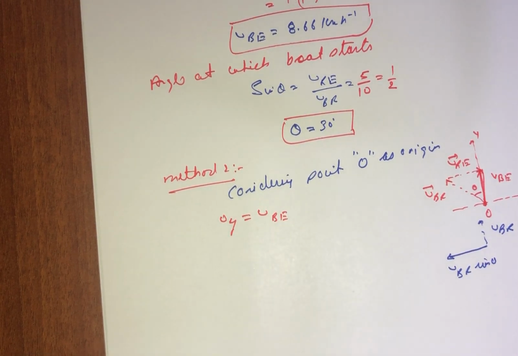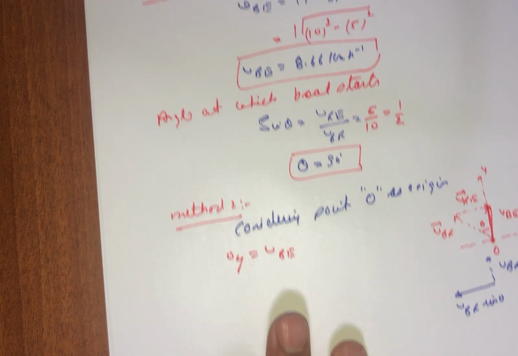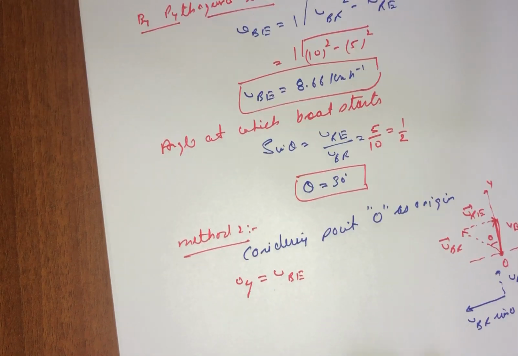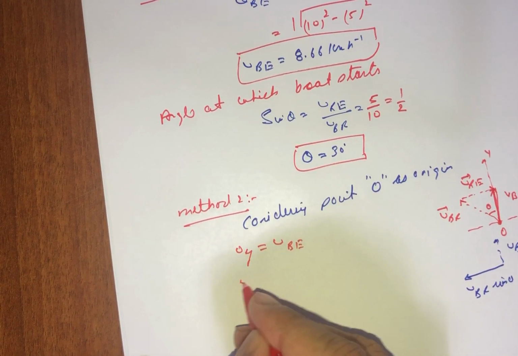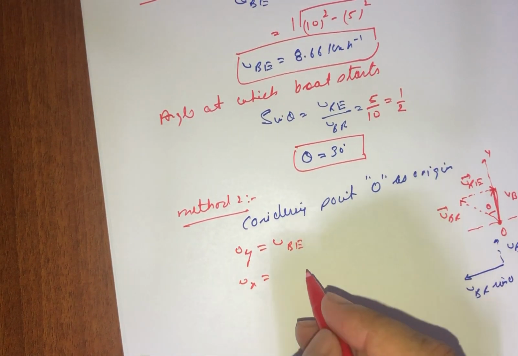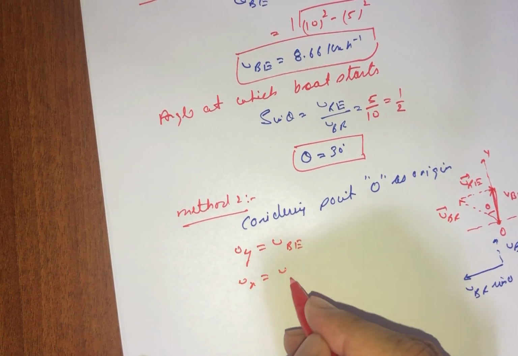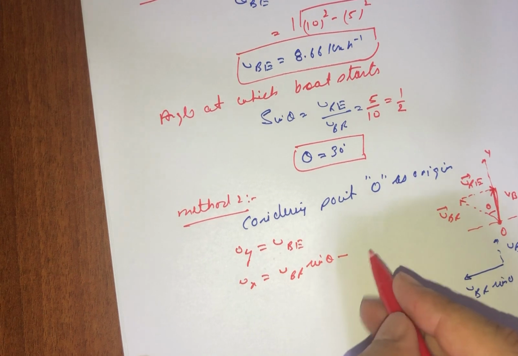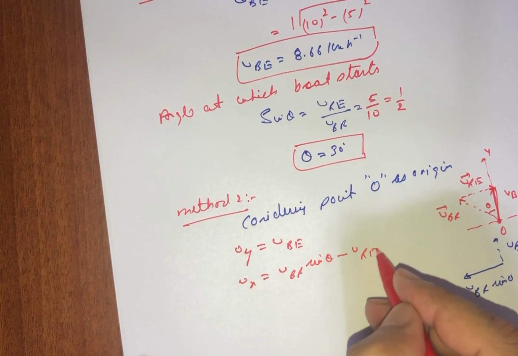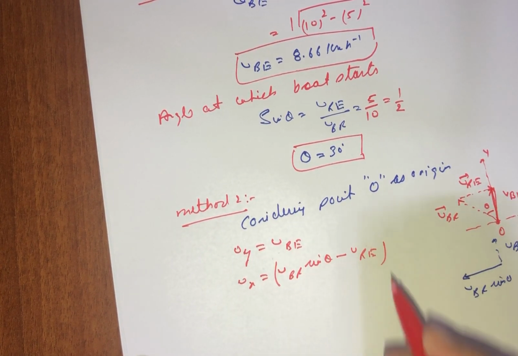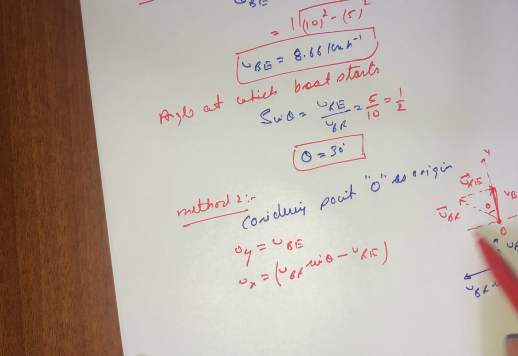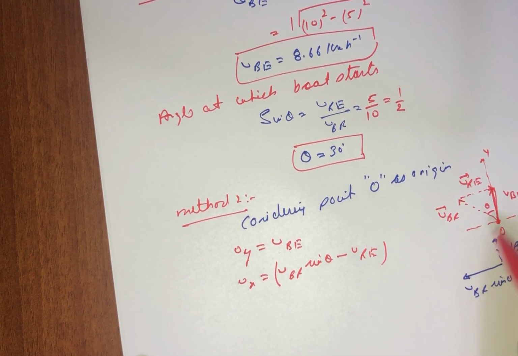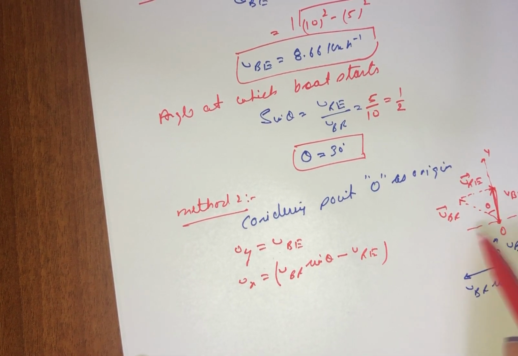So Vx will be equal to VBR sine of theta minus VRE. The river is flowing in this direction, so the net x component will be the subtraction of both.